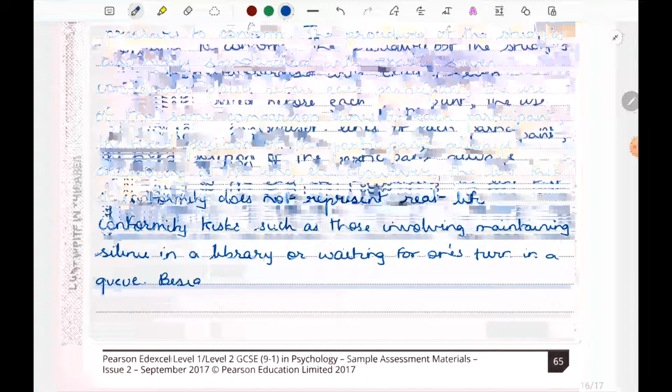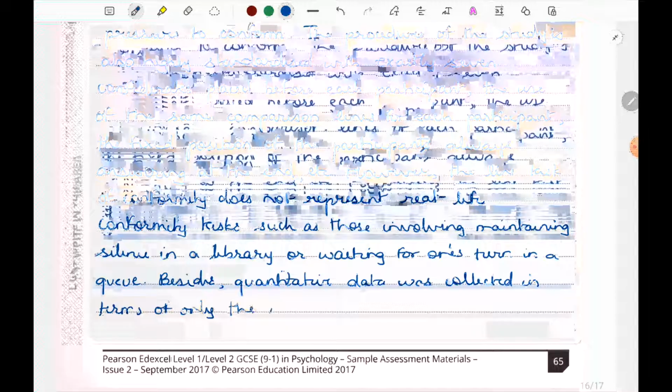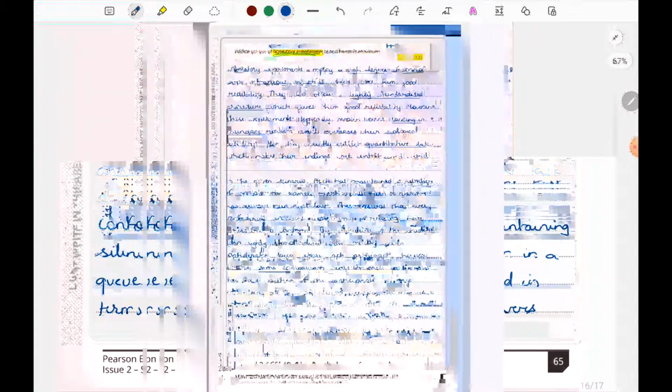Besides, quantitative data was collected in terms of only the number of incorrect answers given by each participant.